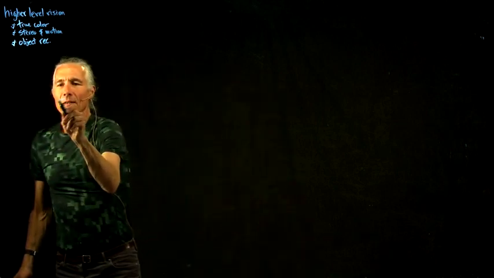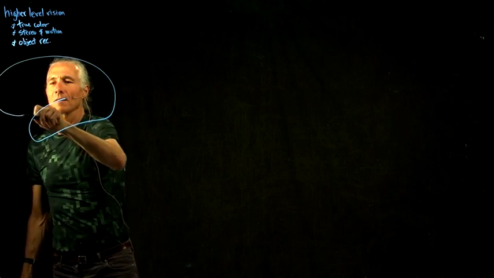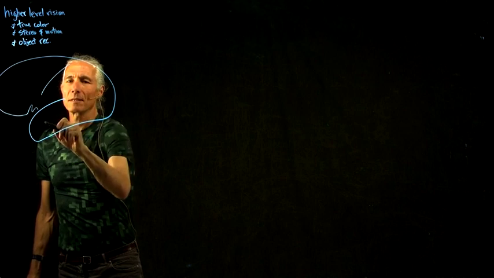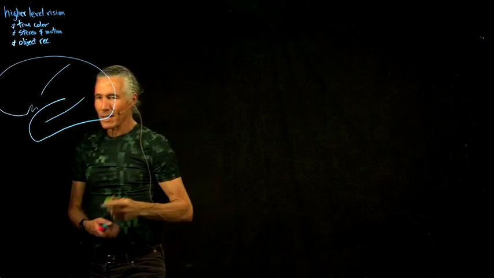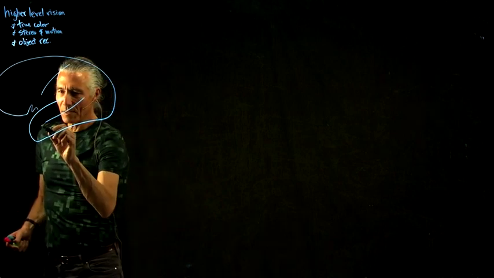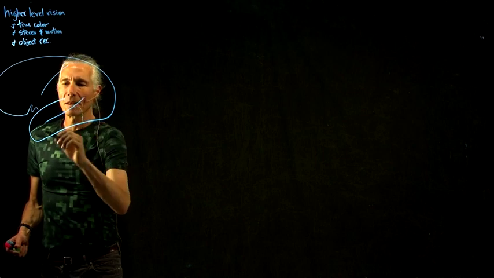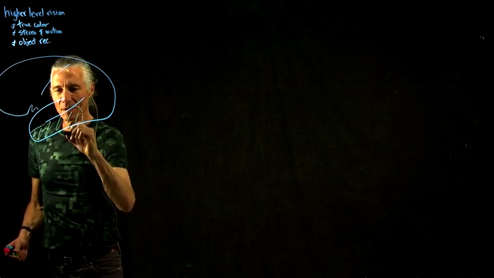If we look at cortex here, so in a macaque monkey, infratemporal cortex goes all the way to the temporal pole. And so all of this stuff, plus a whole bunch of stuff underneath.